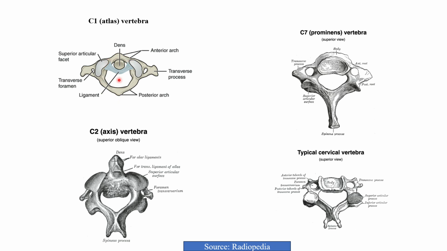So the atlas is nothing but a washer between the occipital condyles and the rest of the cervical vertebrae. Likewise, the axis is a connection between the head and C1 with the rest of the cervical vertebrae. C7 also has slight differences in that it has a very long spinous process.